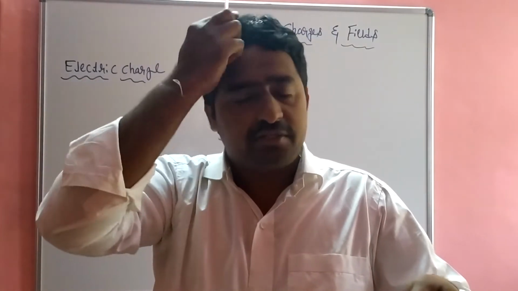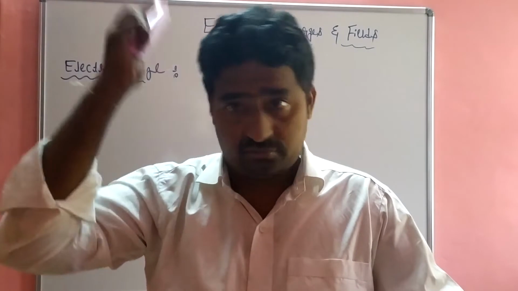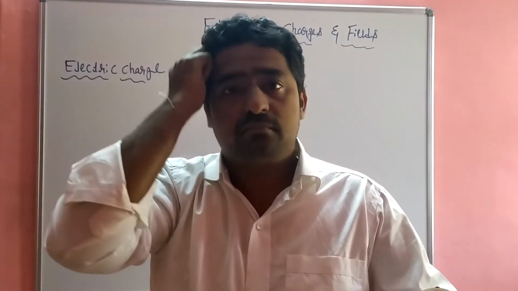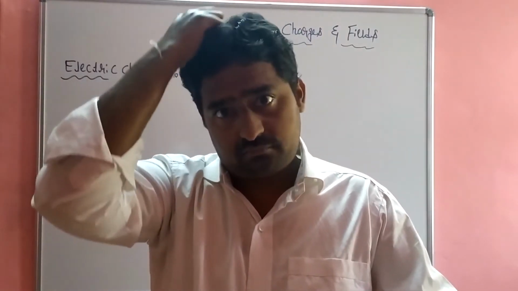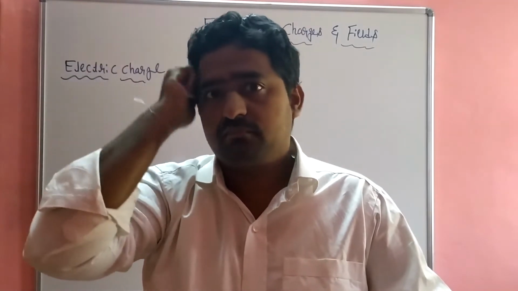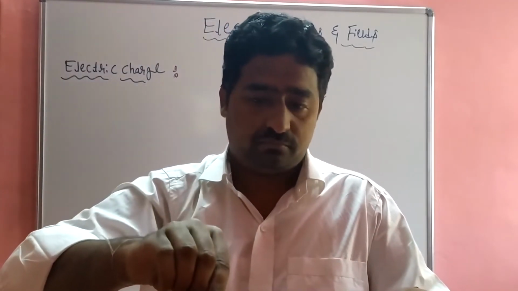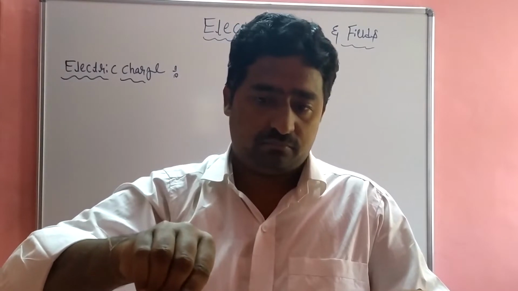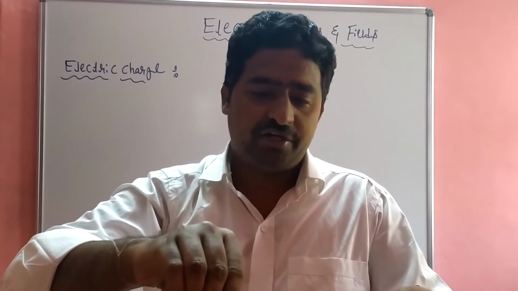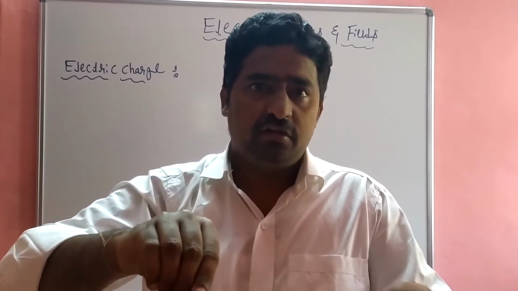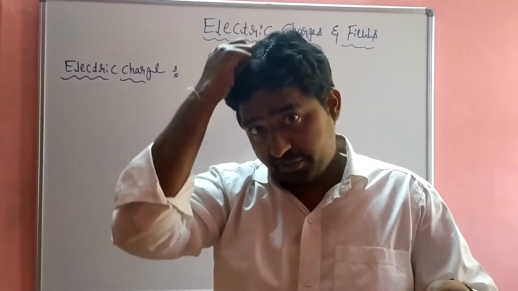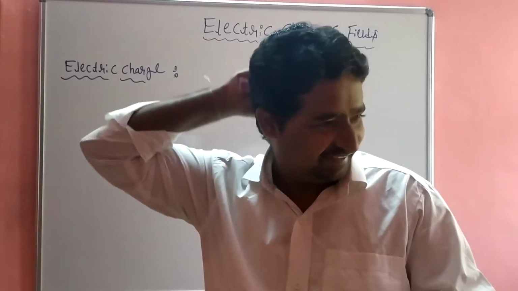Let's see again. I think maybe my hair is not dry. That is the reason the small bits of paper are not attracted, I think because of the oil content of the hair.